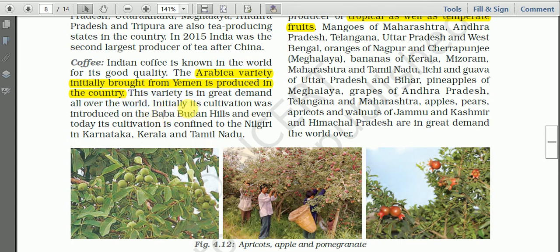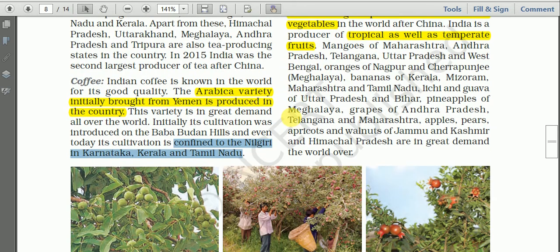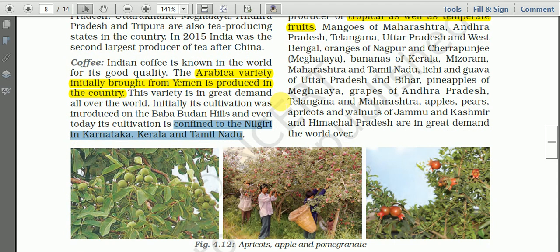This Arabica variety is in great demand all over the world. Initially it was introduced in the Baba Budan Hills in South India, and is still confined to the Nilgiri Hills in Karnataka, Kerala, and Tamil Nadu. These are the growing areas. About the geographical requirements, it can be grown in any type of soil, even in red and yellow soils.